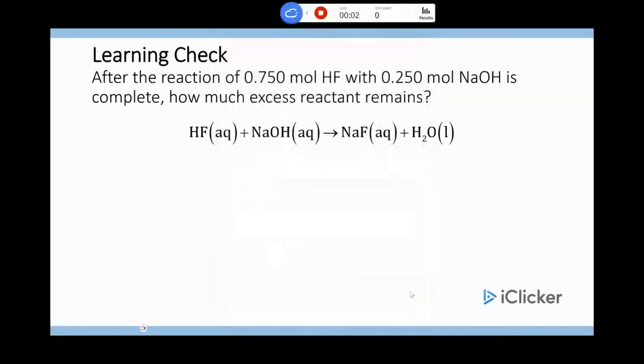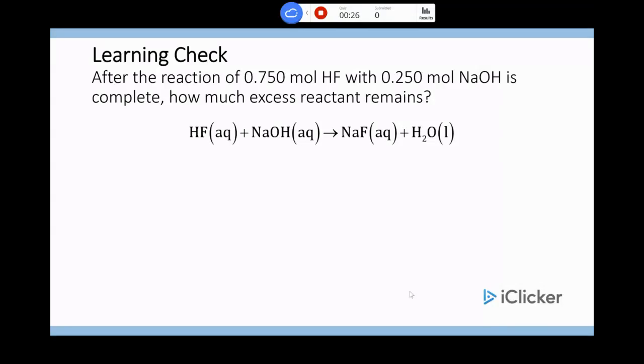So we have a chemical reaction. You might double check that this is balanced. We have 0.750 moles of hydrofluoric acid and 0.250 moles of sodium hydroxide. Your first question, and this is the first thing that you should do after determining your reaction is balanced, is to identify the limiting reactant. So you could use either method.